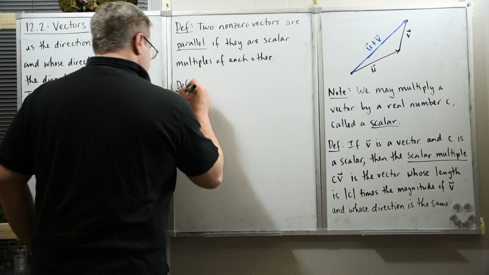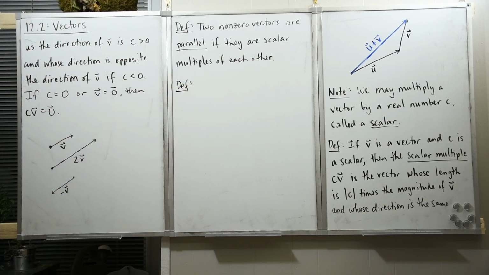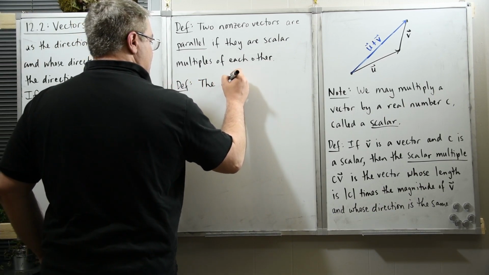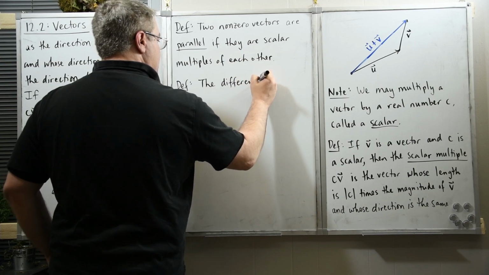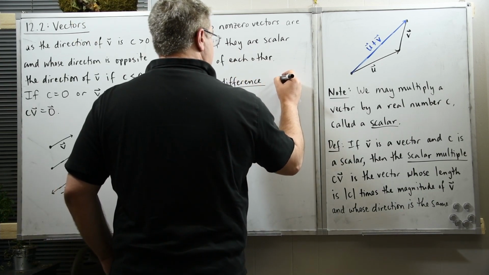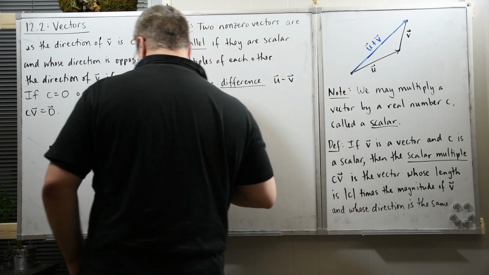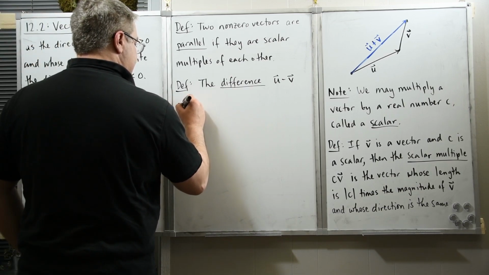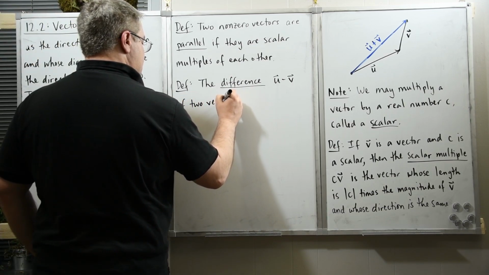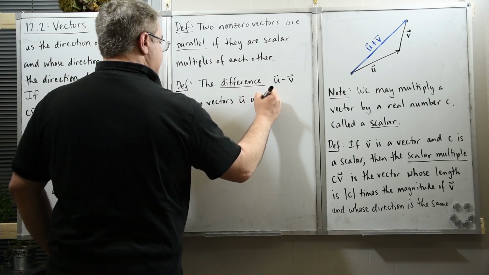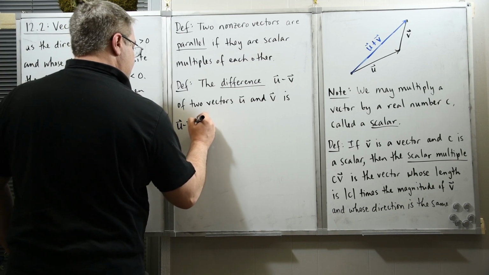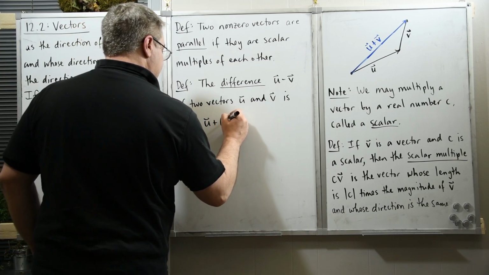And yet another definition. With this one, we take a look at the difference u minus v of 2 vectors u and v. It is defined as follows: u minus v is equal to u plus a negative v.